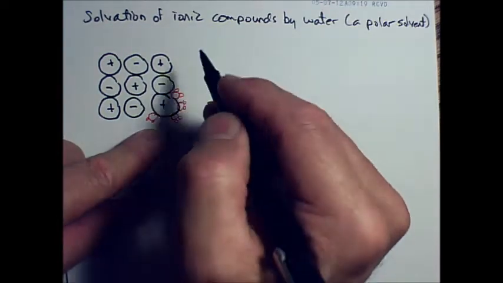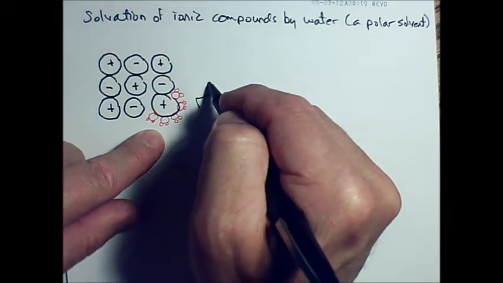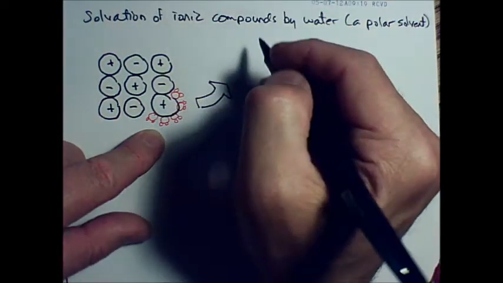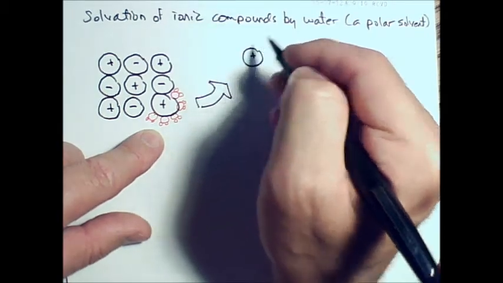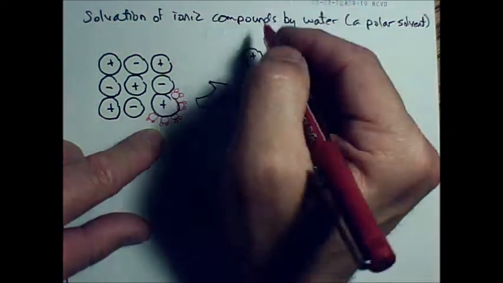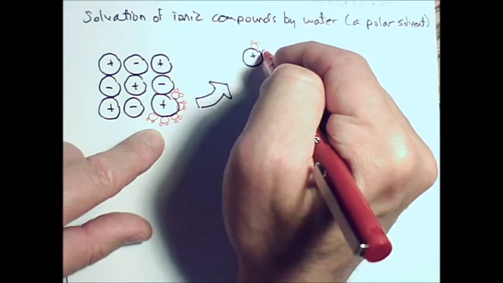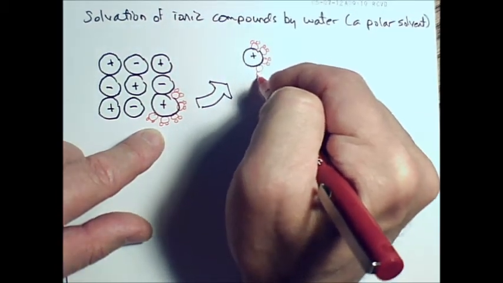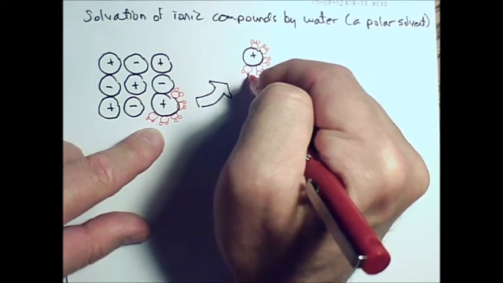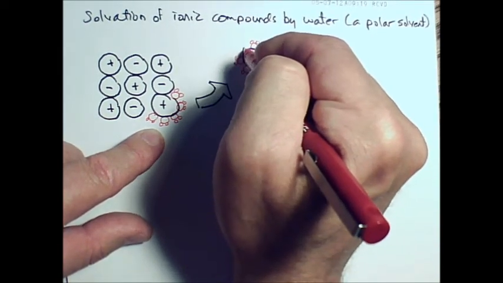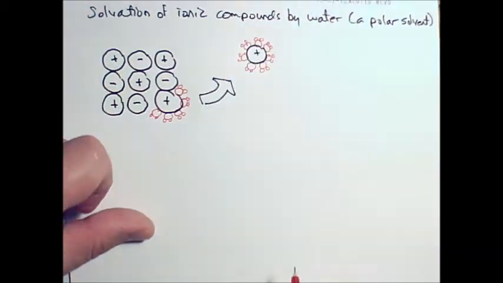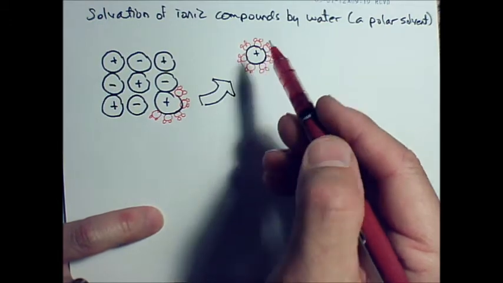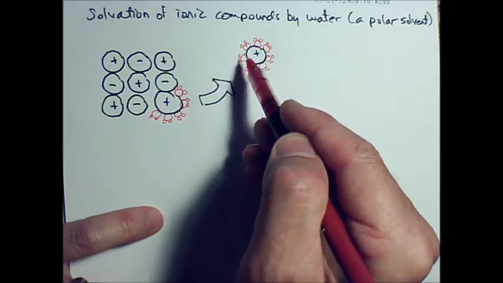And when it does that, you get a positive ion that isn't just surrounded on three sides, but is completely surrounded by these water molecules. Okay? And again, we're looking at this in 2 dimensions, but remember there's more water molecules around the front and back of this thing.